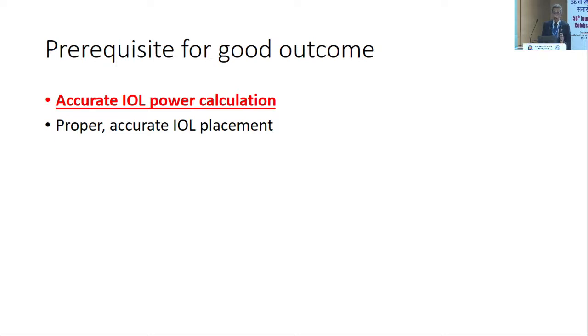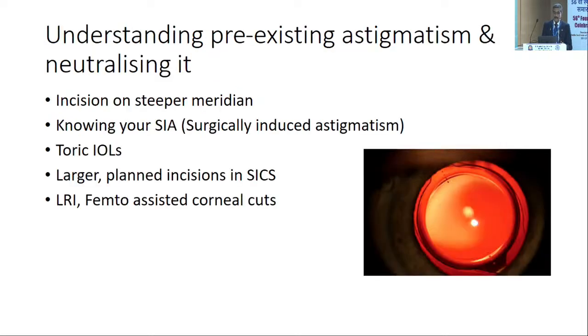So while accurate IOL power calculation is a must, a proper accurate IOL placement is also needed. And for this, we have to understand pre-existing astigmatism and we have to neutralize it. And there are various ways of doing it. One, of course, is taking the incision on the steeper meridian, knowing your surgically induced astigmatism.